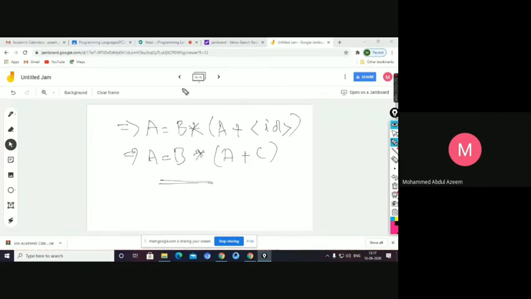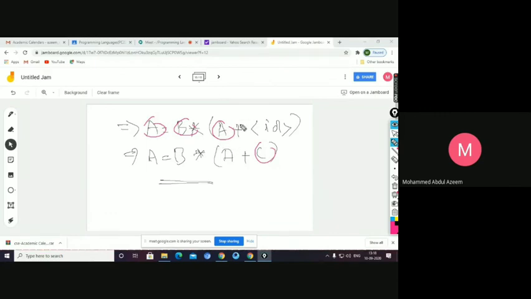First I got A, then I got B, then I got A here, then I got C. It means I was getting the identifiers derived using that grammar while deriving from the left hand side. So this kind of derivation is said to be leftmost derivation, right? I hope this is clear to all of you.